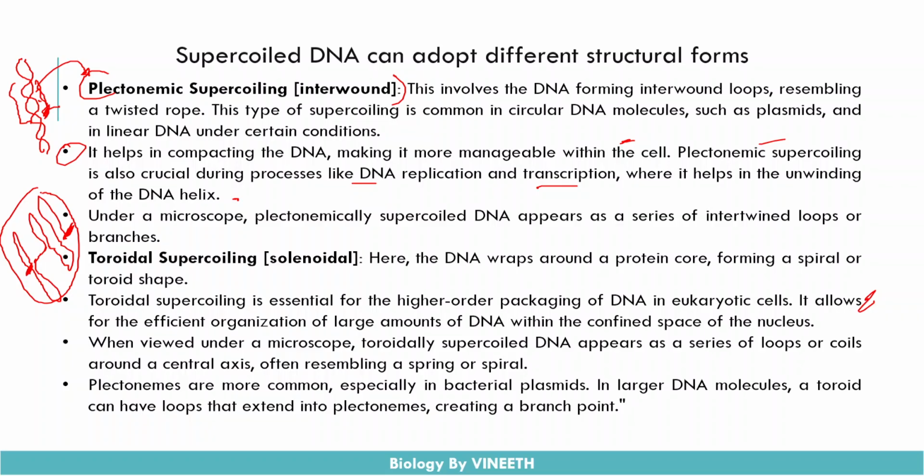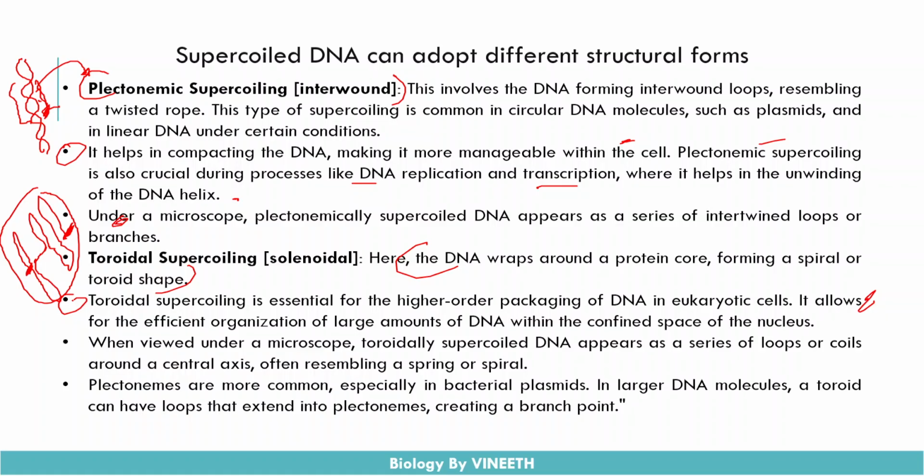This nucleosome structure represents the toroidal supercoiling. DNA wraps around a protein core, forming a spiral or toroidal shape, which we also call the solenoidal model. Toroidal supercoiling is essential for the higher order packing of DNA in eukaryotic cells. It allows efficient organization of large amounts of DNA within the confined space of the nucleus.